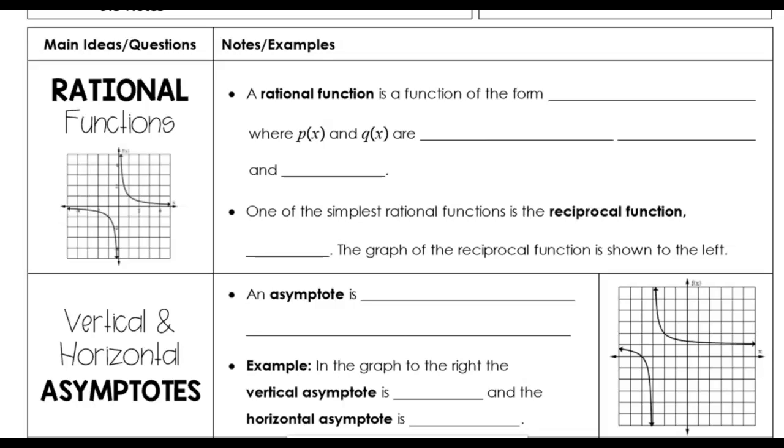A rational function is a function in the form of a fraction with the variable in the denominator. So a rational function is written in the form f of x, right? That makes it a function, is equal to p of x over q of x.